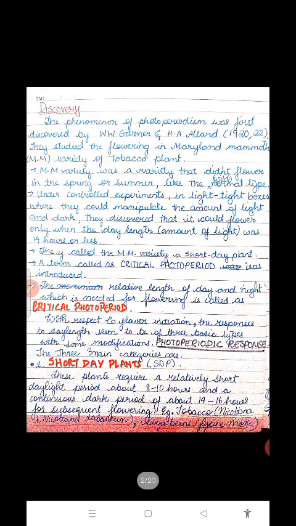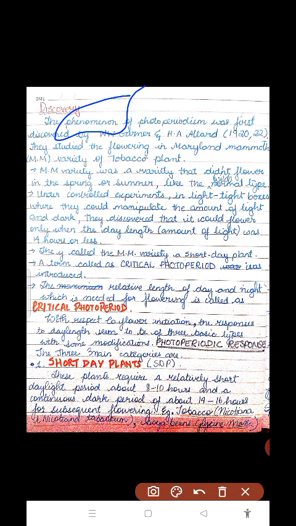So let us talk about the discovery. When was the phenomenon discovered? First of all, it was discovered by two important scientists, Garner and Allard. These two scientists worked on the Maryland mammoth variety of tobacco plant. And this variety, they found out, will not flower during the summer or the spring.